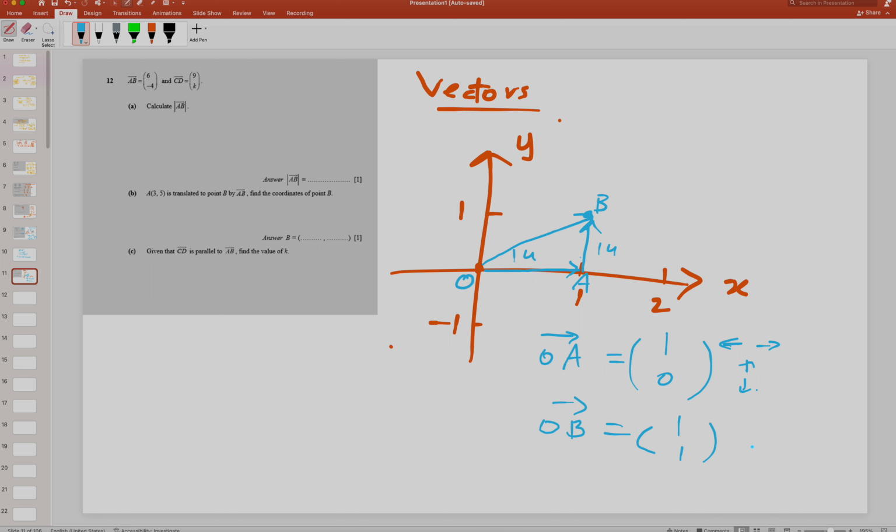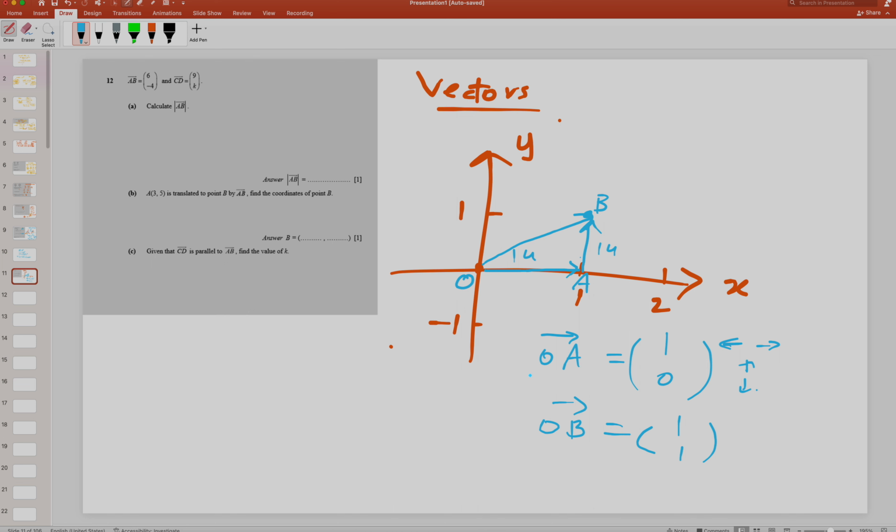Okay, so right and up is positive, so the reverse is negative. Left and down is negative. Left and up, then one negative, one positive.